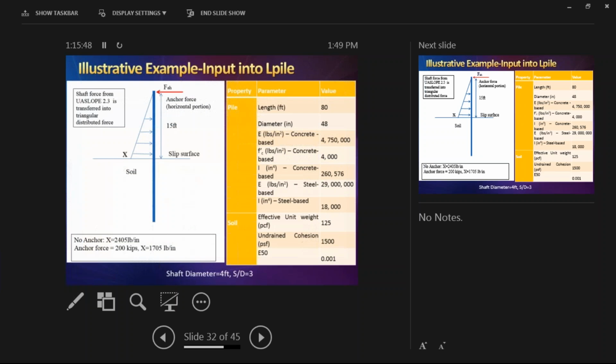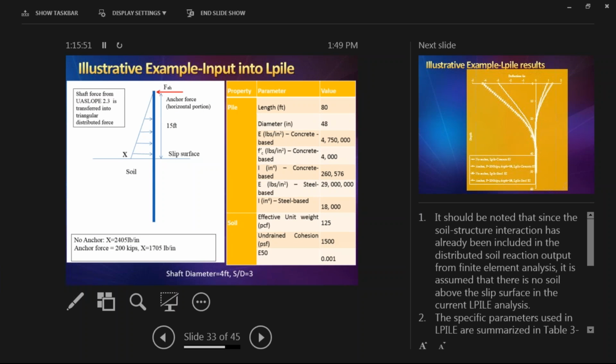You take those forces, then you can apply them to the drill shaft as a load, so that F net is distributed as a triangular distributed stress, and the anchor, whether it's at the top or some distance below the top, you can put the anchor force at that point of application and run the whole structure analysis by LTAP, from which you can get the moment and shear.